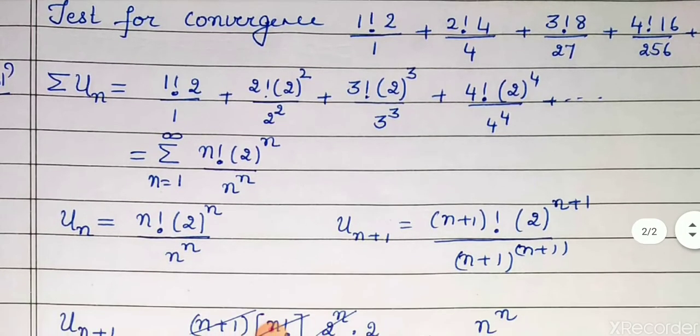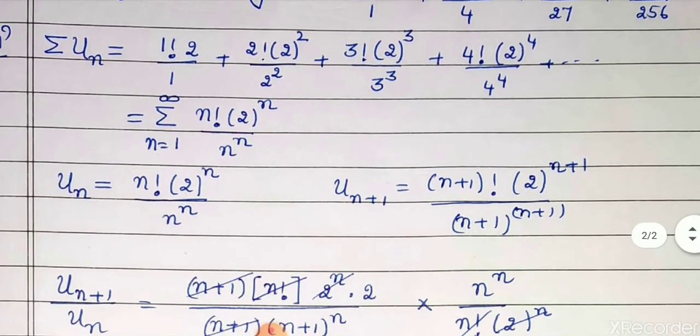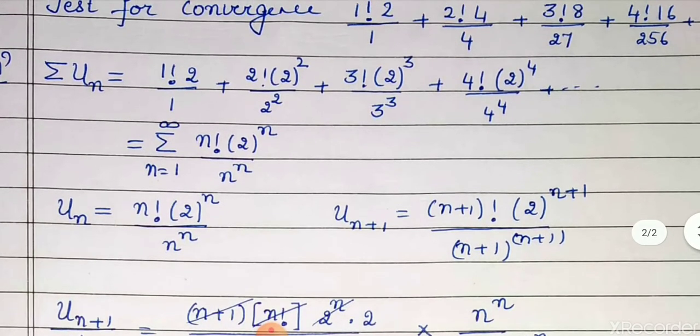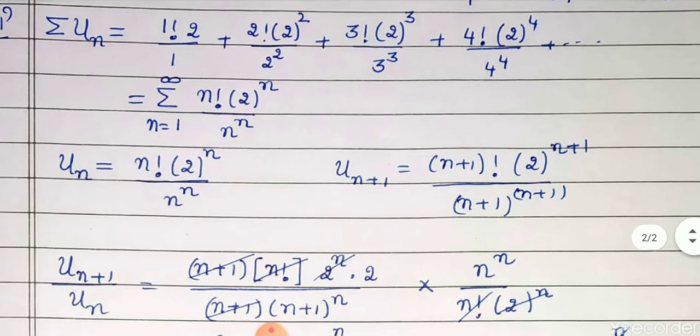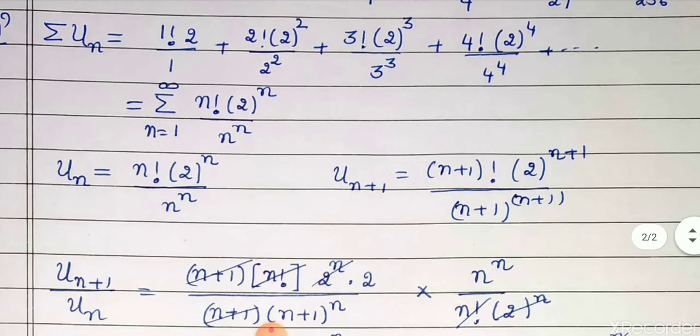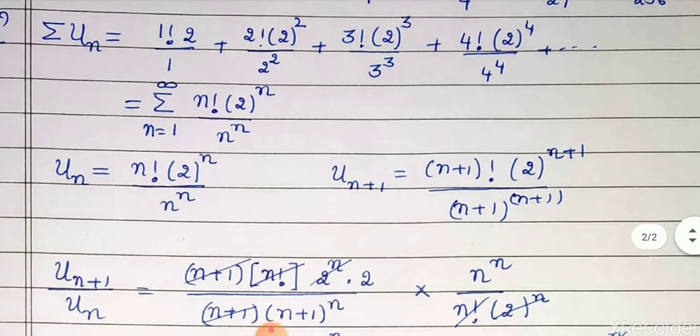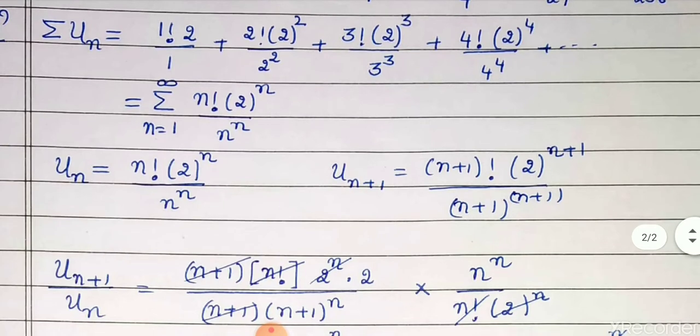So the n term is going to be n raised to n. So carefully when you practice this, you'll be able to get this n term to write down. Okay, so we write down un. Un is n factorial into 2 raised to n divided by n raised to n.